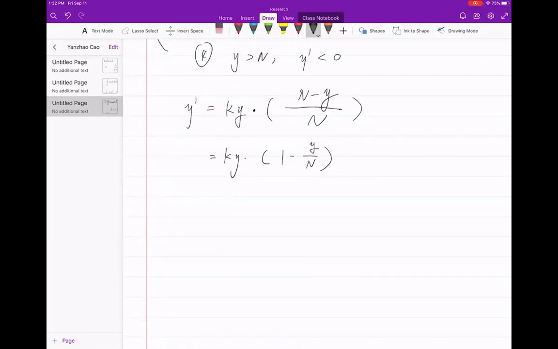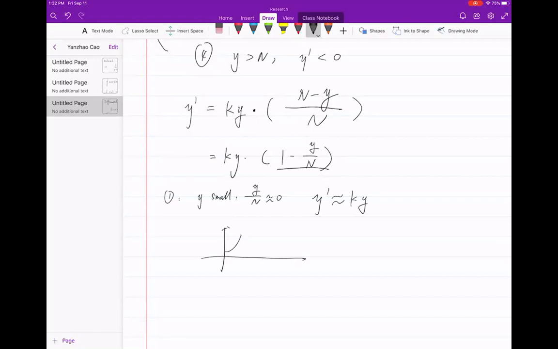Let's check. Number 1, when y is small, that means y over N is almost 0, right? Or roughly very small. That means this thing here is almost 1. So this one is almost like ky, which means you grow exponentially when y is small.